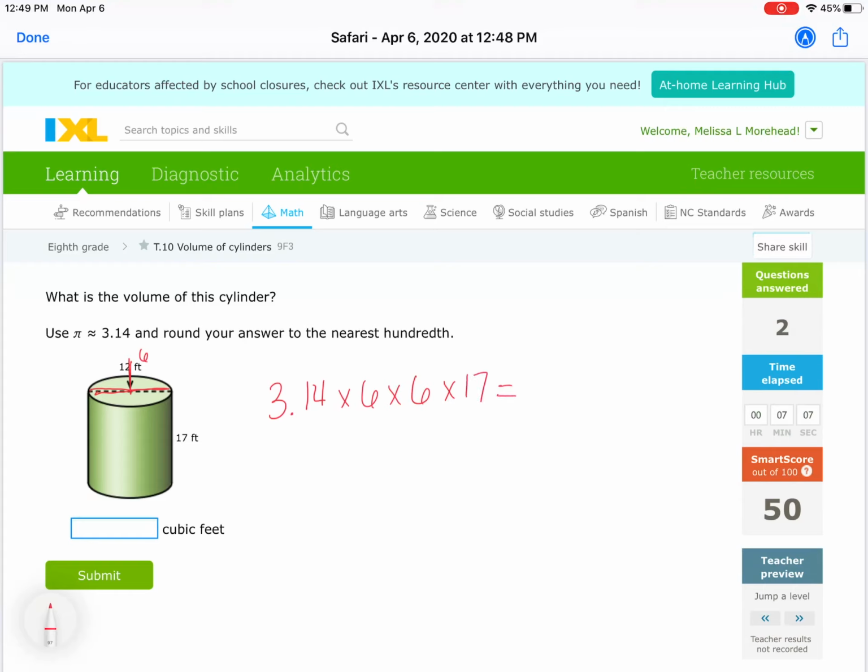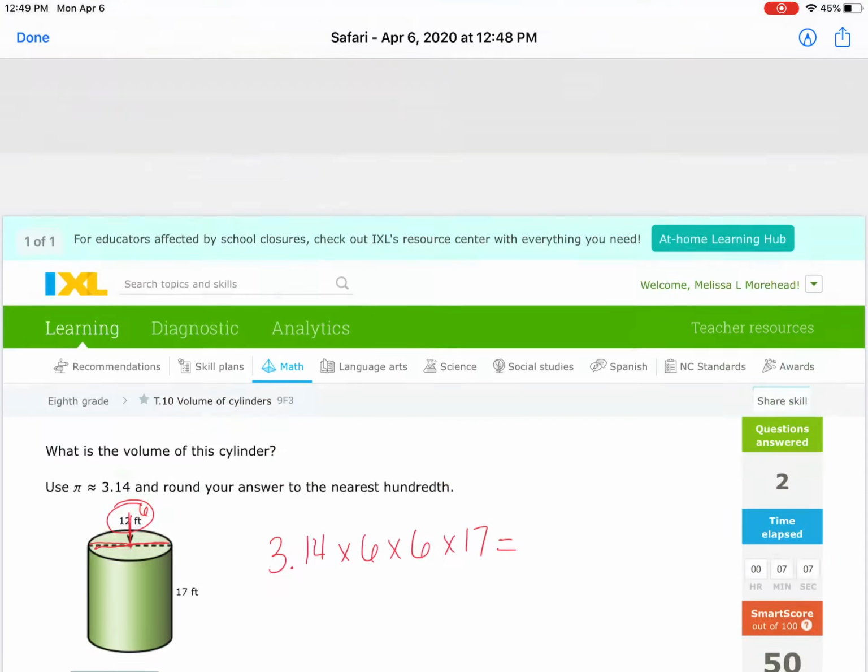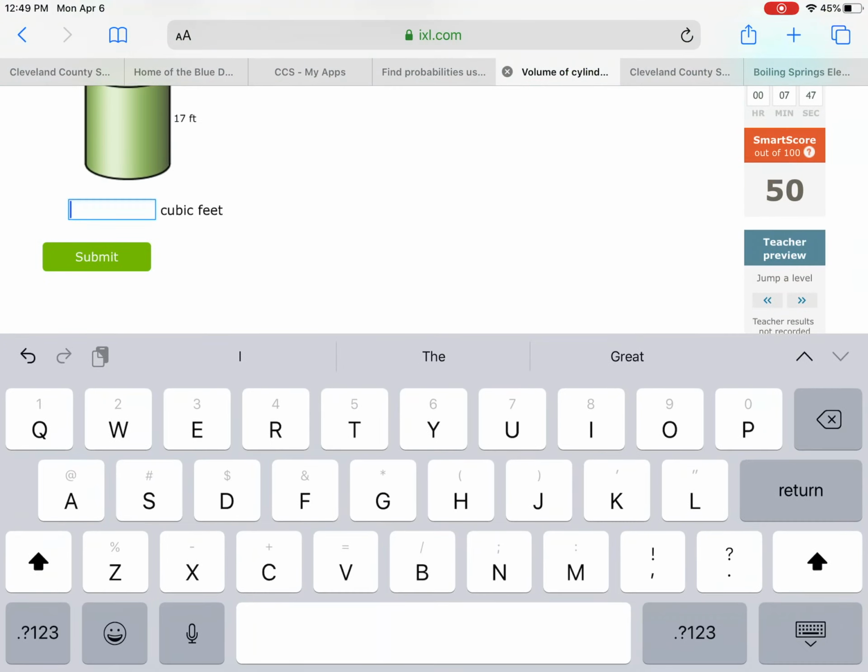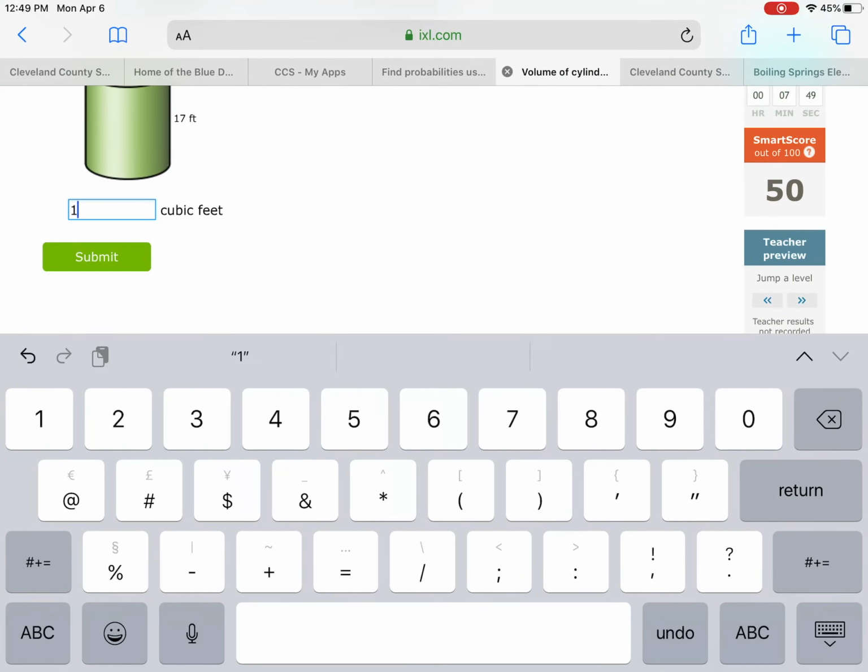So we're going to divide that number by 2, but then you're going to multiply both of those numbers in there. So 3.14 times 6 times 6 times 17. And that gives you 1,921.68.